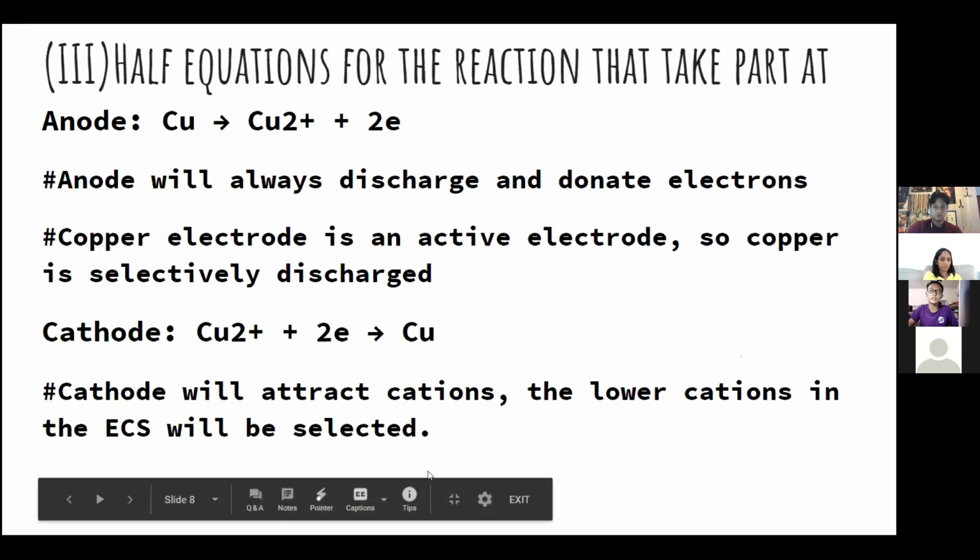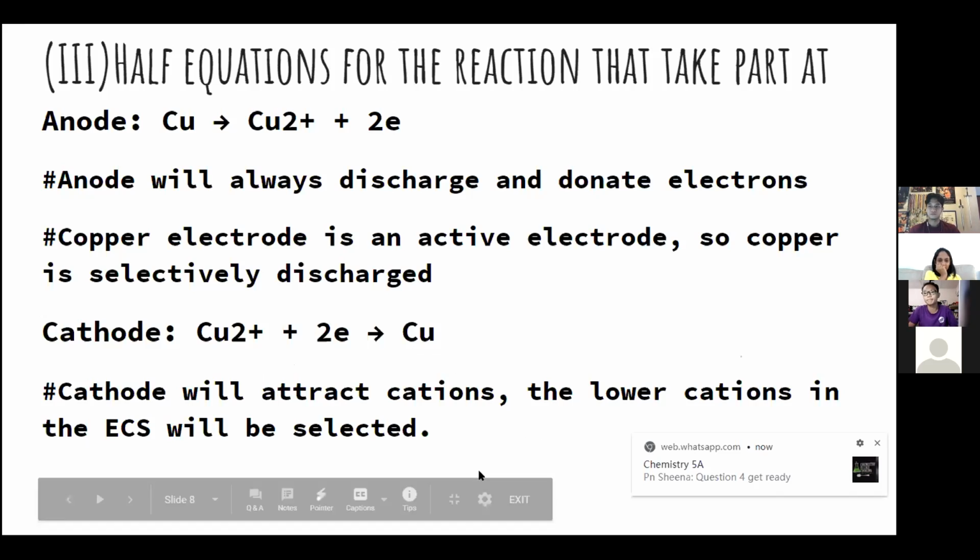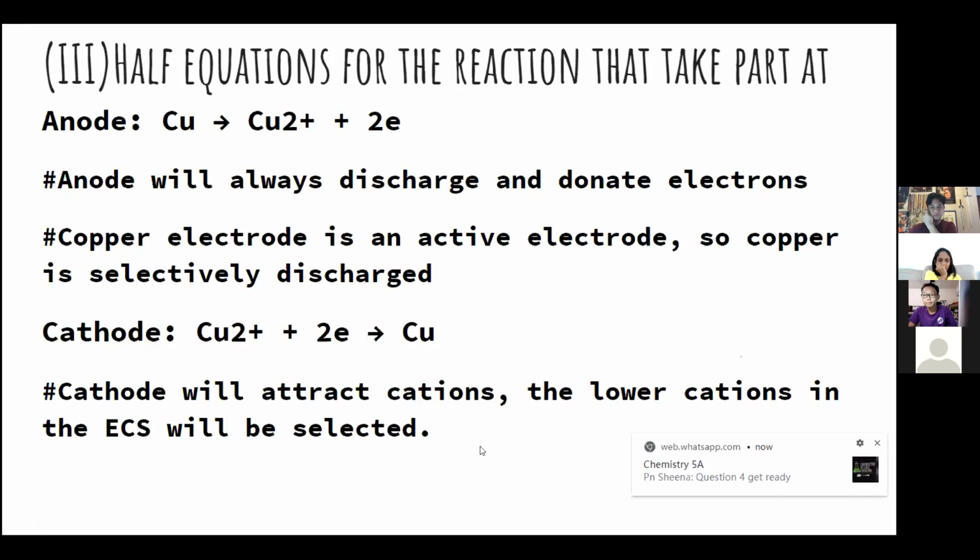But usually for electrolysis, we select the one lower in the ECS. Copper 2 ion is lower, so at the cathode the Cu2+ is selectively discharged into copper atom. Correct. Both are also correct.